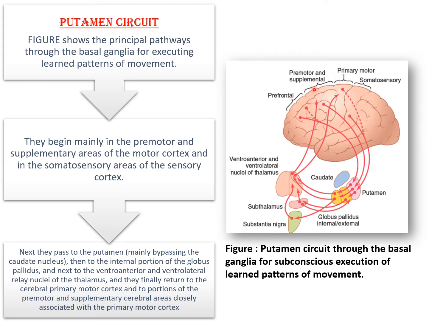So they begin mainly from this area and they go to putamen and they bypass the caudate nucleus, then the inner portion of the globus pallidus, and then they reach the ventroanterior and ventrolateral nucleus of the thalamus, and they finally return back to this area.